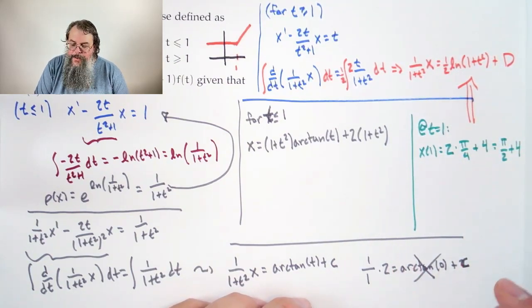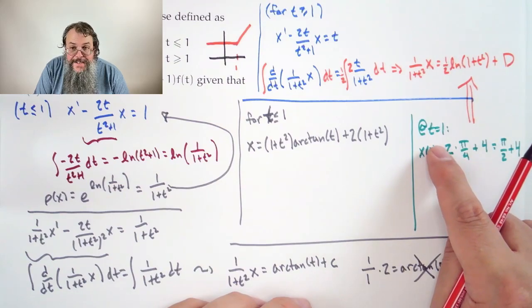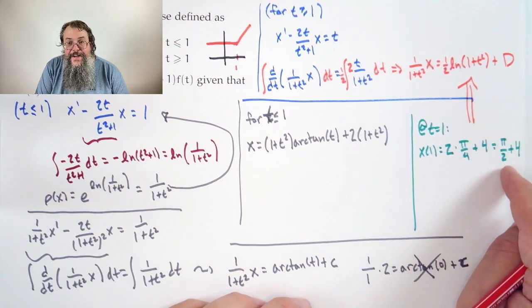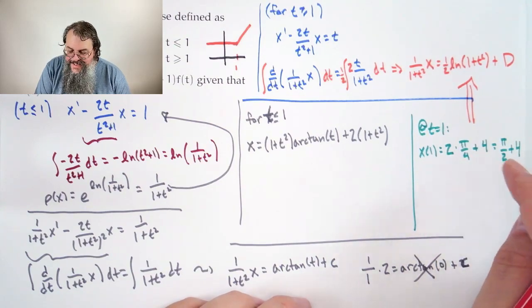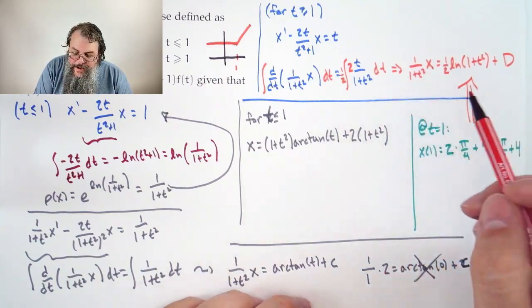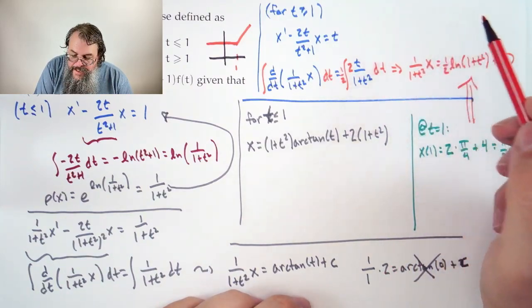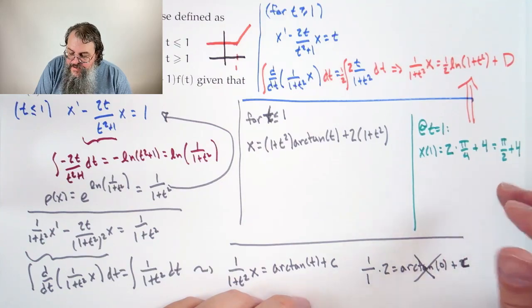So when we plug in t equals 1, this is the value for x. So 1 over 1 plus 1 squared is 1/2 times this part.